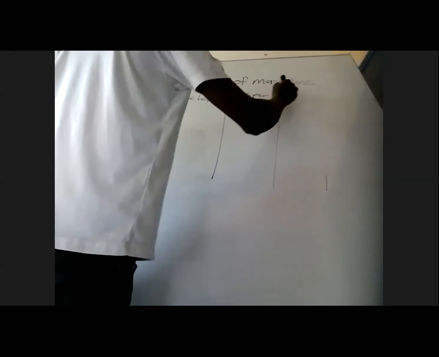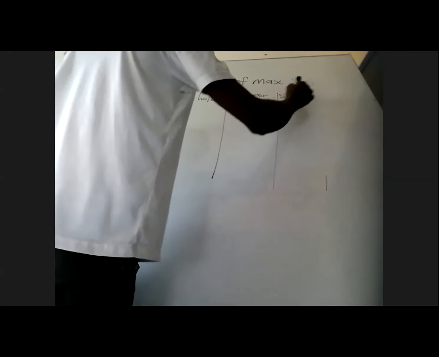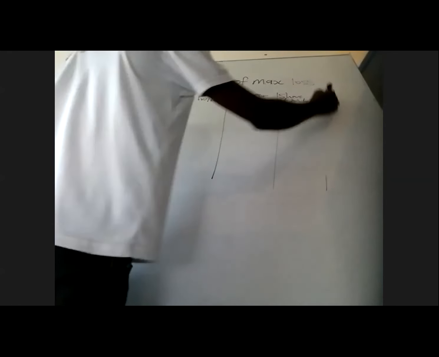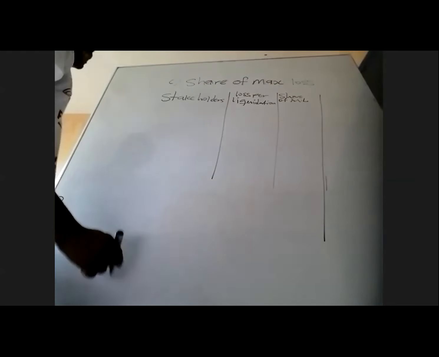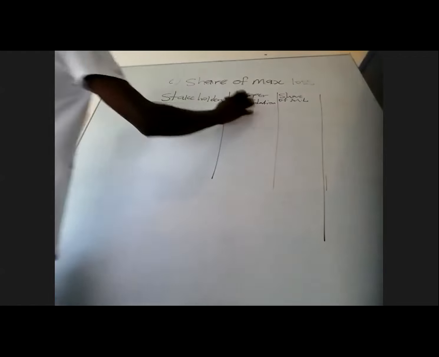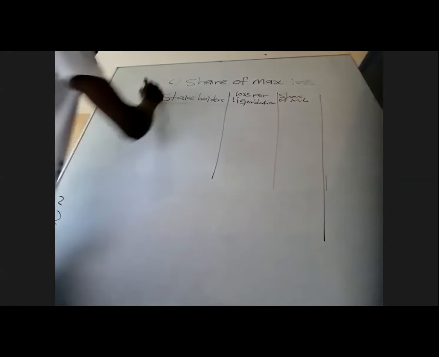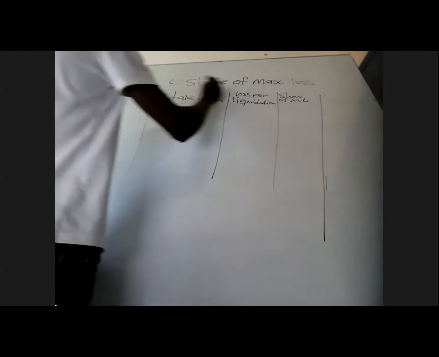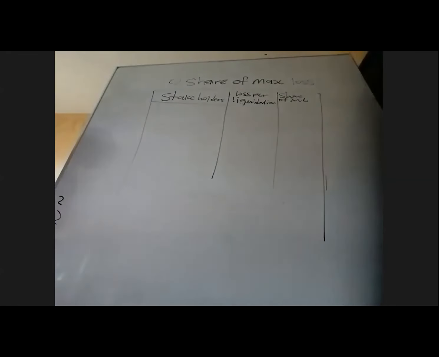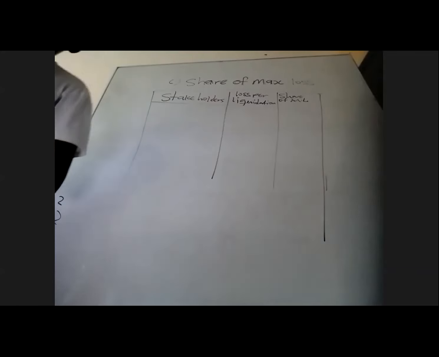We can call it share of maximum loss. Good. Now, why do we do this? Why do we have to bring loss per liquidation? It is to not cause annoyance to any of the stakeholders.